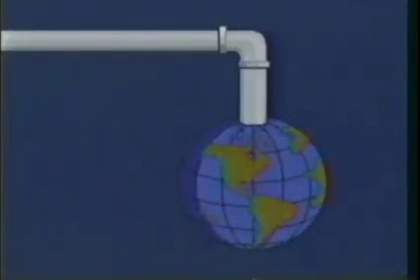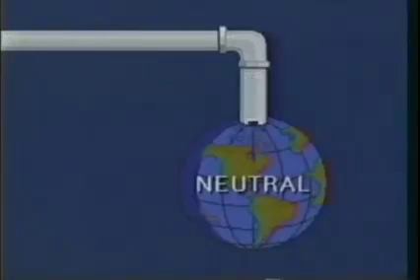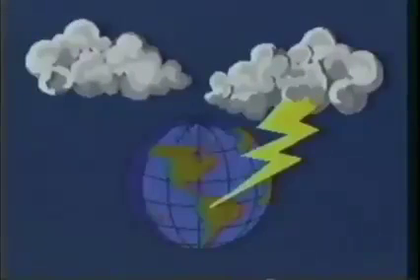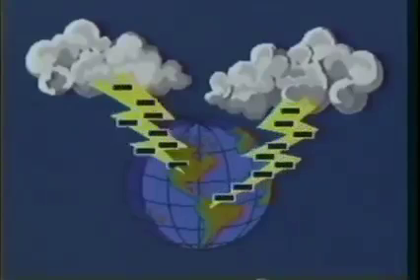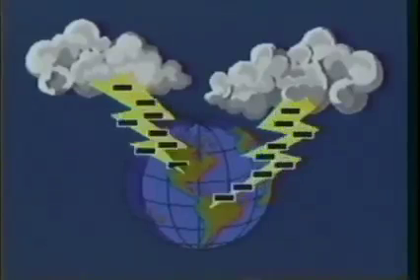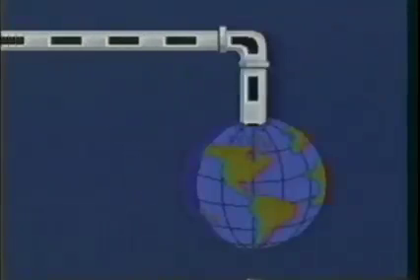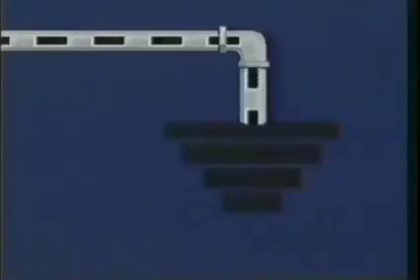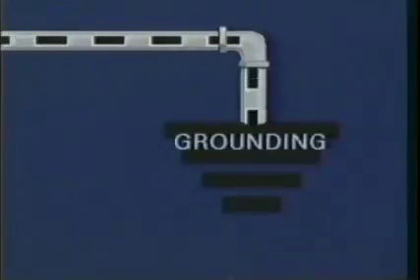This connects to the Earth, which is neutral in charge. Because of its vast size, the addition of small amounts of charge, or its removal, does not significantly affect the Earth's overall charge. The process of connecting something to the earth by means of a conductor is called grounding.